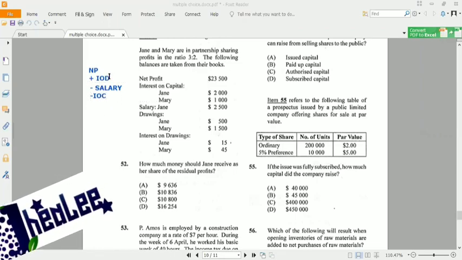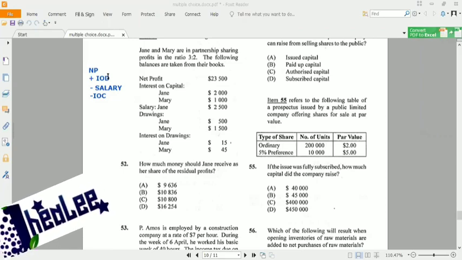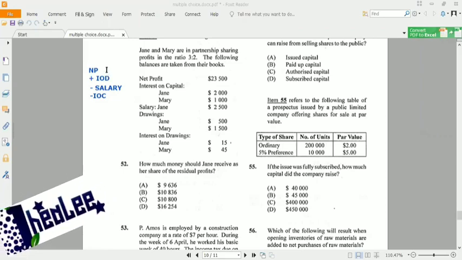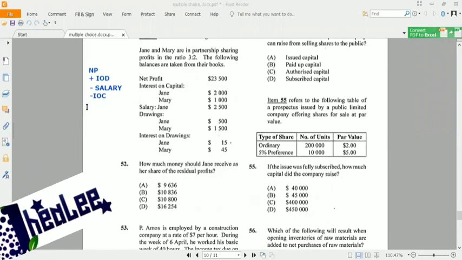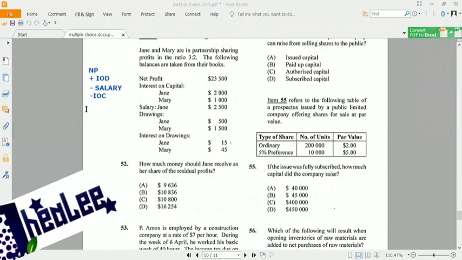All right. So what the business receives from the partners would increase the amount of profit in the business. From that, because you have to pay out the salary to the partner and pay out interest on capital, you subtract that. And that would give you the profit that is remaining in the business. So let's go ahead and do our calculation quickly.